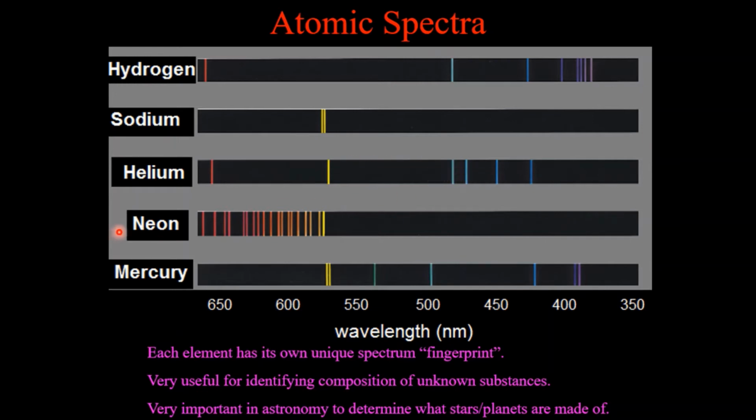And we also saw in the video neon, which had a whole bunch of red, orange and yellow lines that made it very bright with that color. And then I believe we also looked at the spectrum of mercury. So the point here is that every element has its own unique spectrum, just like a fingerprint. No two elements have the same atomic spectrum.